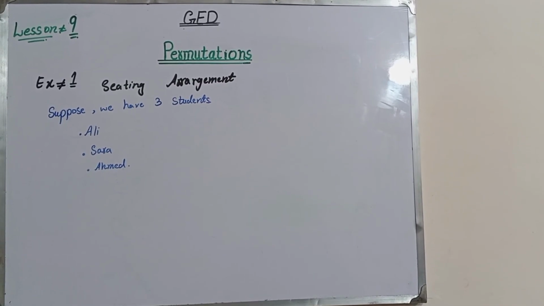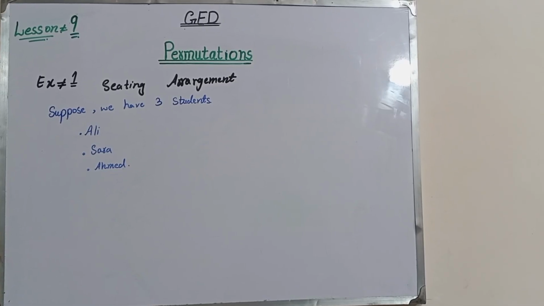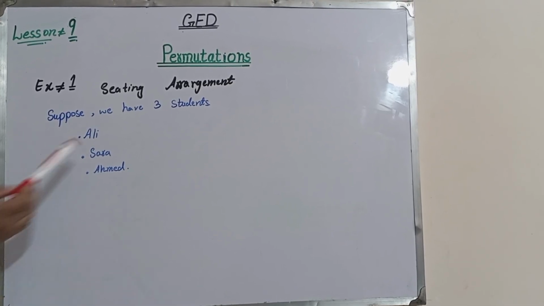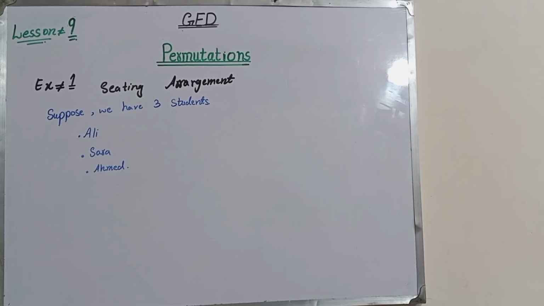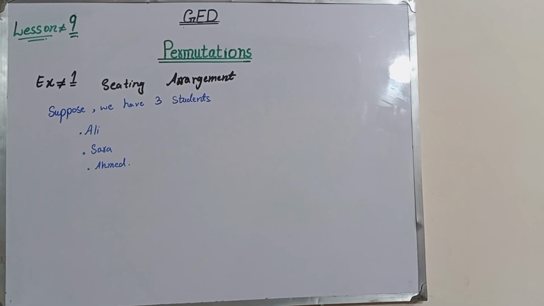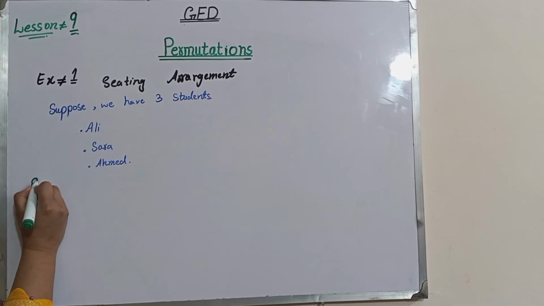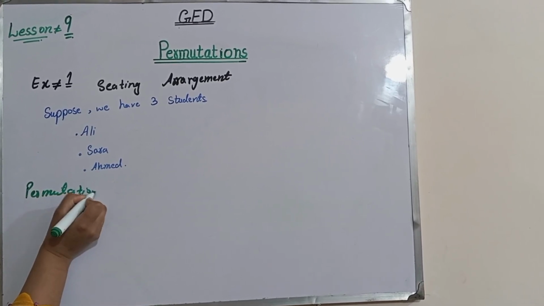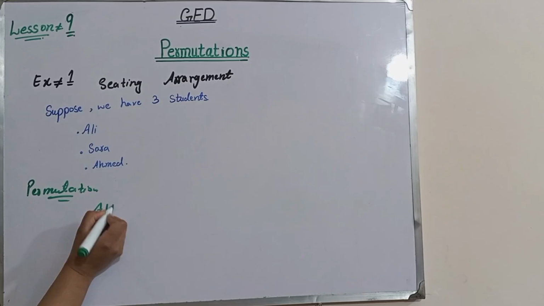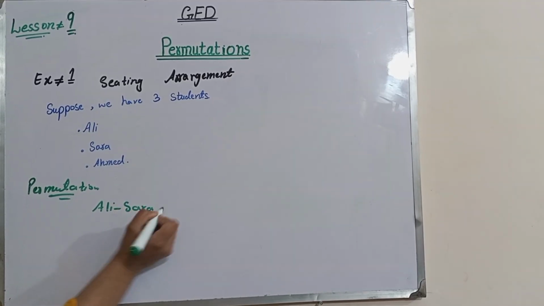Now example number 1 of the permutation: sitting arrangements. Suppose we have 3 students, Ali, Sarah, Ahmed. Let's arrange them in a line. What we will write in the permutation when we arrange them in a line: Ali, Sarah, Ahmed.